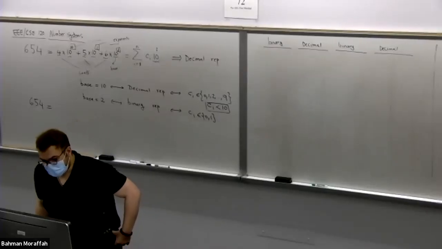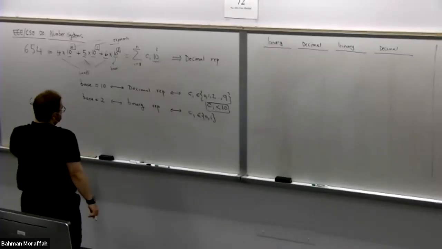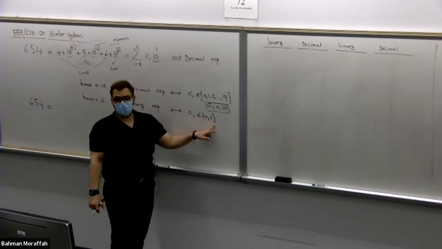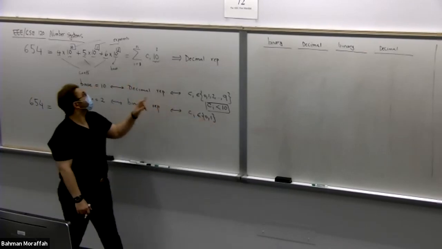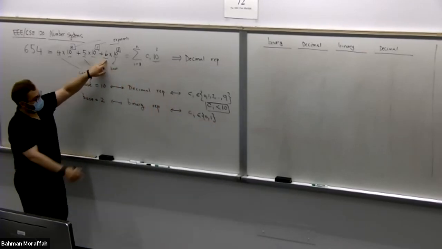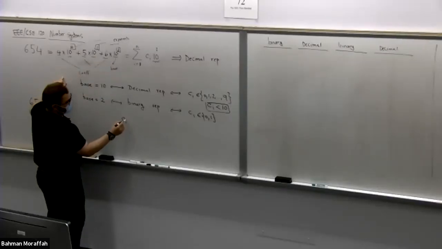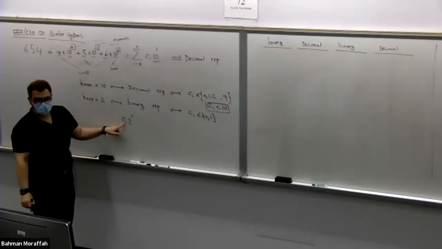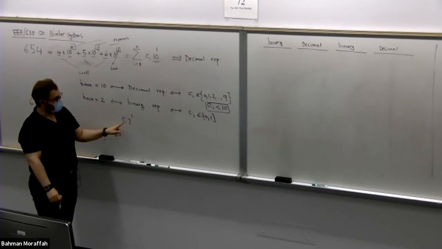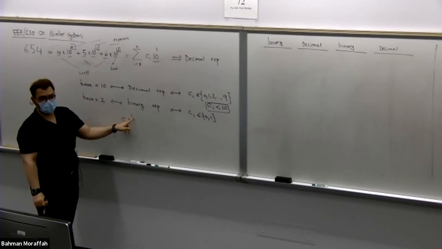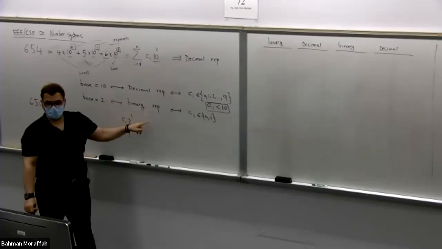Why not 0 and 2? Because if ci is 2, let's say over here, that's ci times 2 to the 1. If ci is 2, that is already 2 to the power 2. So I can carry it over to 2 to the power 2.